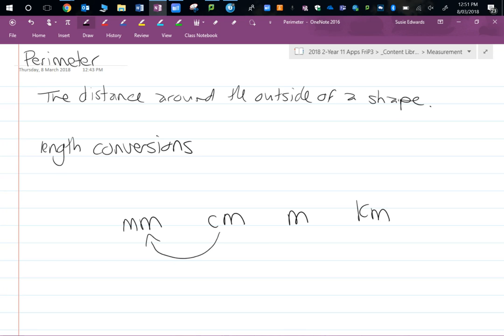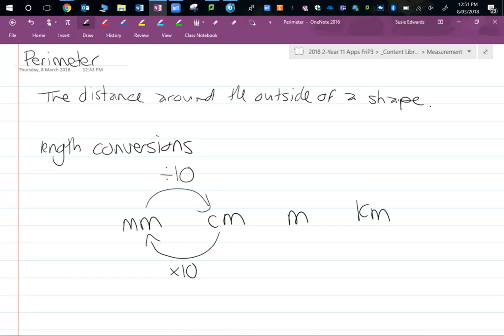Times by 10. Have a think about it. If you've got a centimeter and you're going to a smaller unit, the number's going to get bigger. So if I've got 3 centimeters and I times that by 10, I'm going to end up with 30 millimeters. You need to be aware of that. The times 10 is important. Therefore, if I'm going the other way, divide by 10.